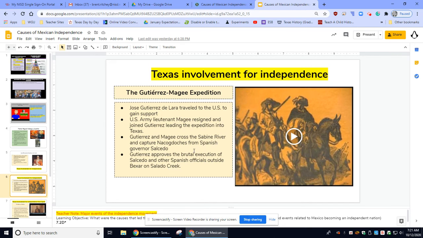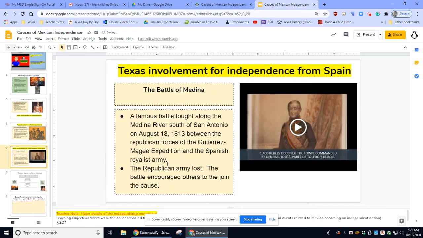So they capture the governor Salcedo, and they execute him, just like Father Miguel Hidalgo was, so they can send a message saying that we are taking no prisoners. We are here and we are going to fight.